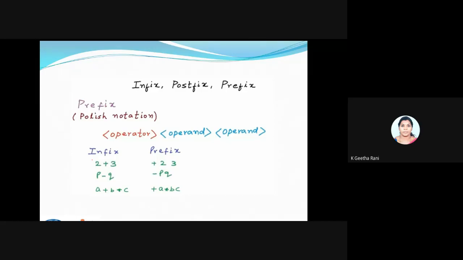So how does this prefix look? We also call this Polish notation. Another name for prefix is Polish notation. You can see an operator first. The syntax, the format itself has been changed. I'll be having an operator first, and then comes my two operands. But that is not the case with infix.